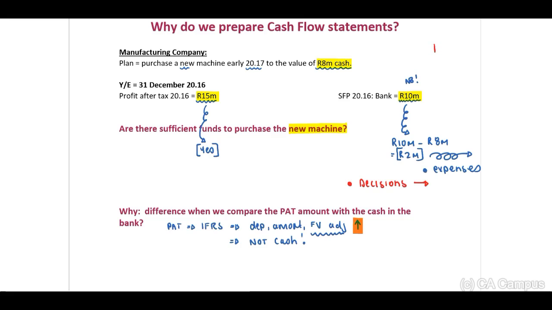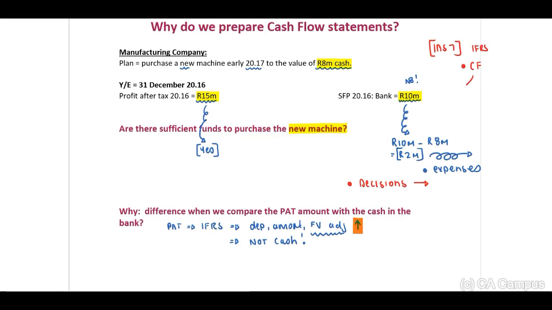Now, IAS 7 indicates to us if a company prepares financial statements in terms of IFRS, they have to include a cash flow statement as well. Your statement of cash flow is part of your annual financial statements.